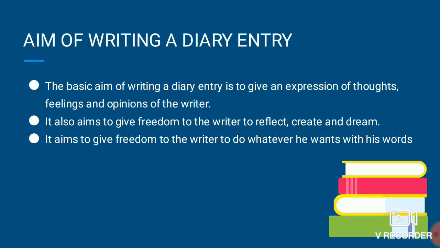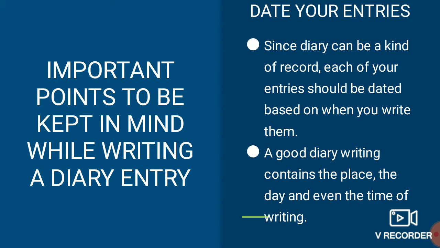Now some important points that a person has to keep in mind while writing a diary entry. Even when you are writing for your assessment or for your examination, at that time you have to keep in mind one or two points, like you should write a date and you should write a time.